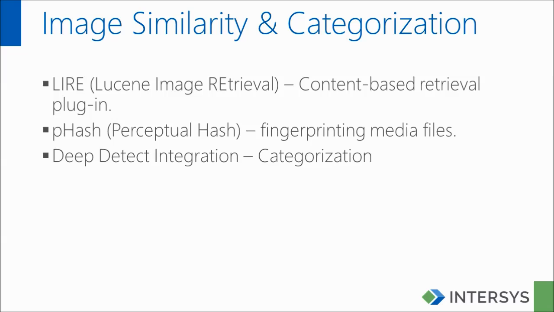So the first thing is this perceptual hash, p-hash. That's something that you're going to want to run on an image before you submit it to Elasticsearch, and it kind of fingerprints your media file. And it does do a much better job. It kind of does the opposite of the Lyra, and it picks out shapes and things in an image and fingerprints those so you can do matches against that.